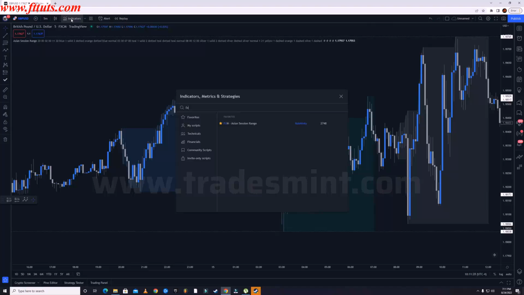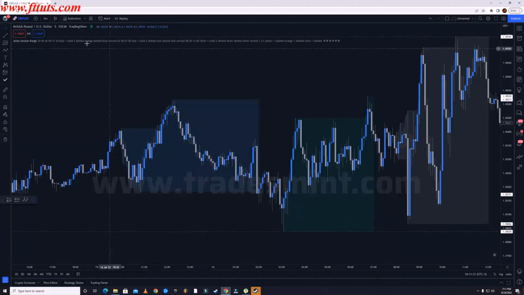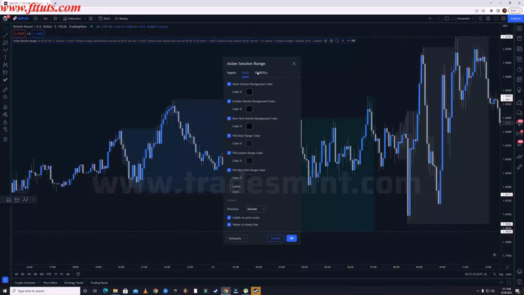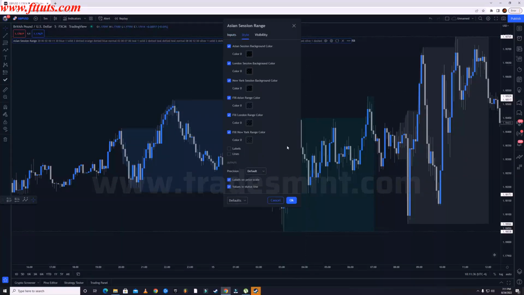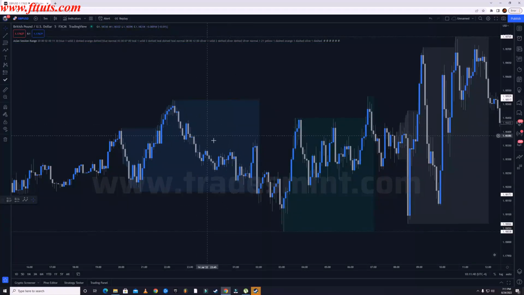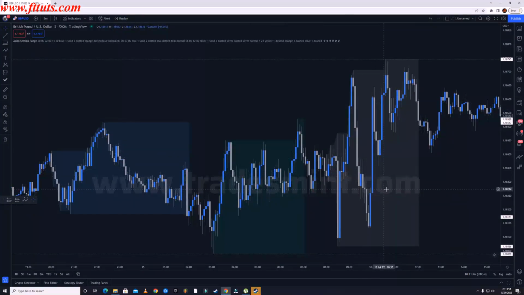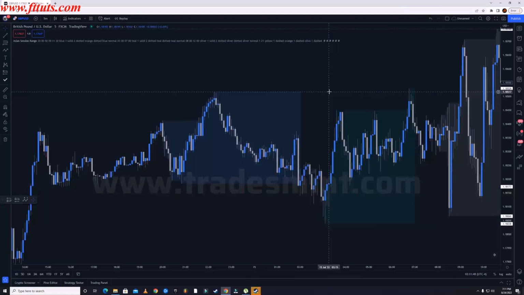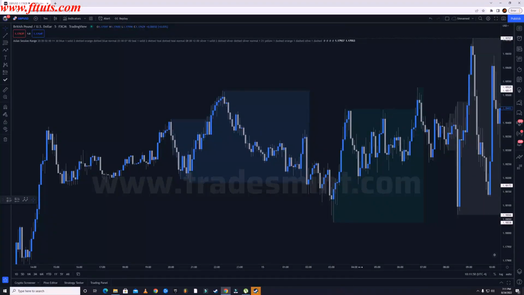You want to type in FXN Asian session range. Once you do that, you want to go to the settings tab here. You want to go to the style settings and you want to disable labels and lines. That is it. So the blue one is the Asian session, the green one is the London session, and the grayish one is the New York session. All right, clear? All right, so let's move on.